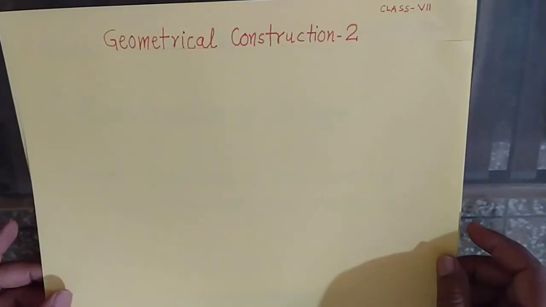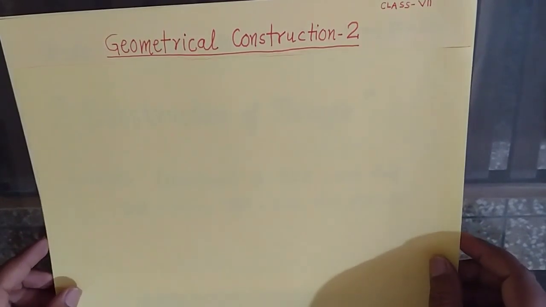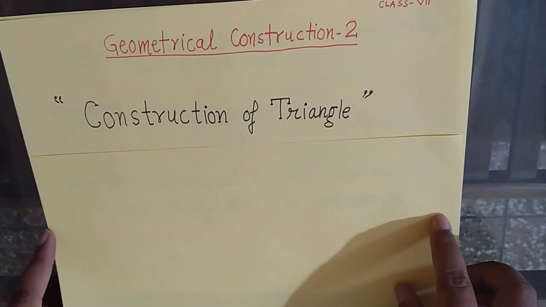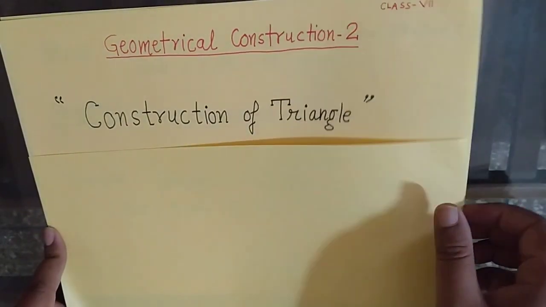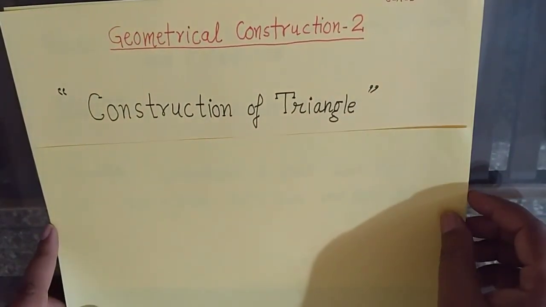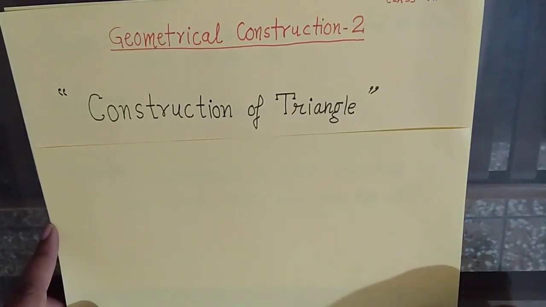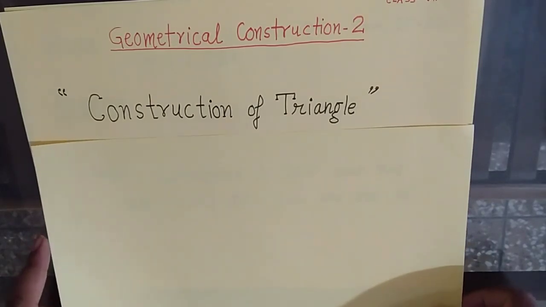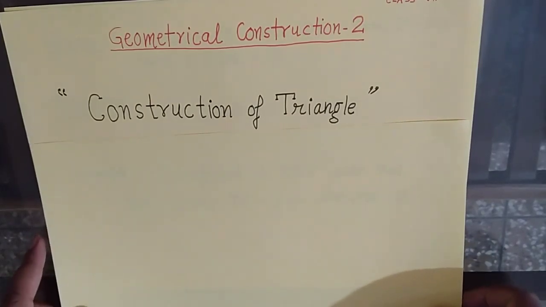Now come to the second construction. Dear students, our second geometrical construction, number 2, is construction of a triangle. In this construction, we learn how to construct a triangle if some components of the triangle are given.